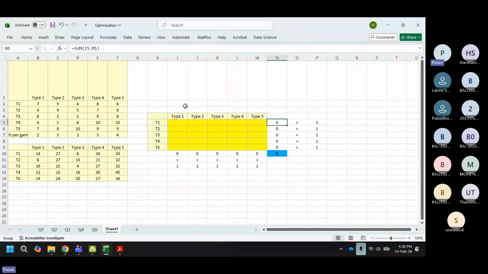That means I can take their summation, and the summation has to be exactly equal to 1. All these summations have to be equal to 1, and similarly in columns I can take their summations and they are equal to 1.